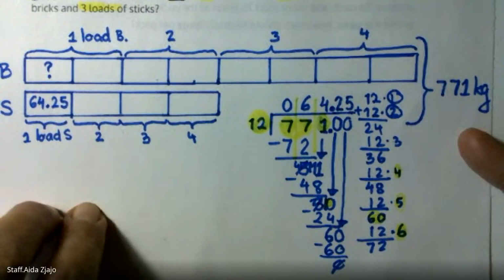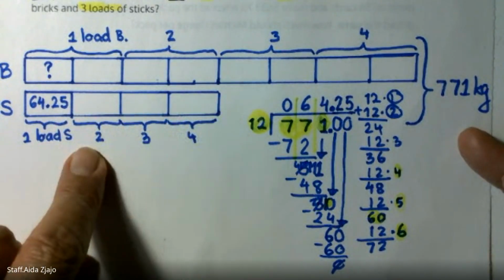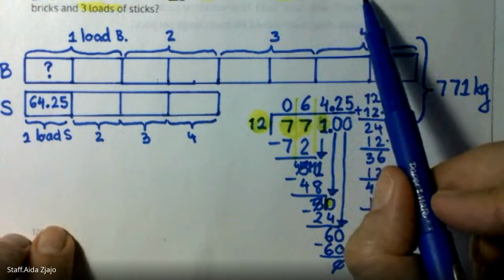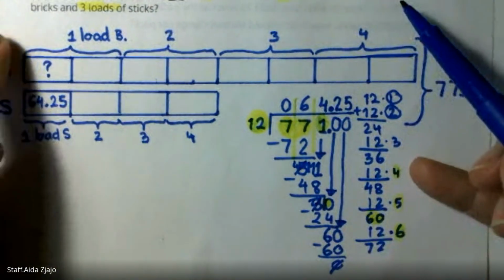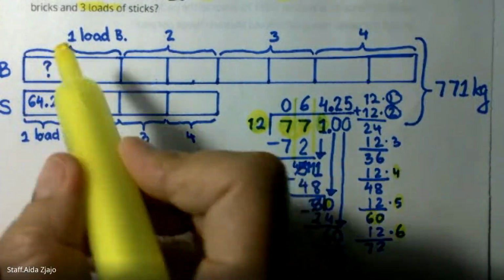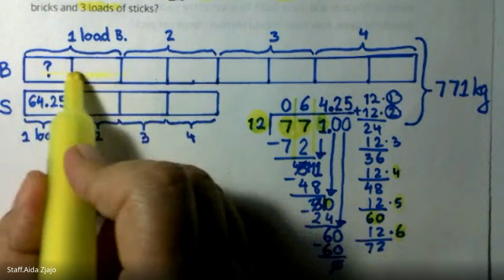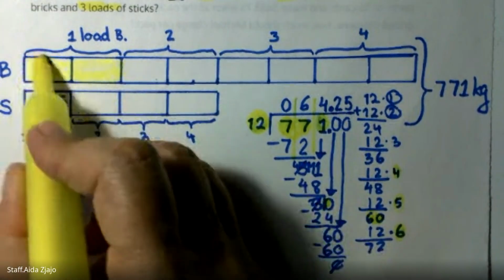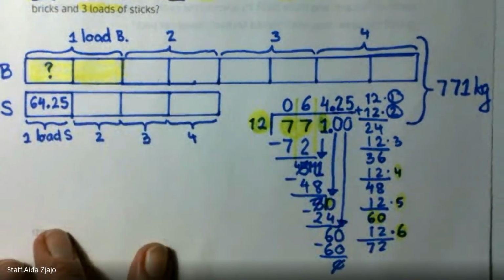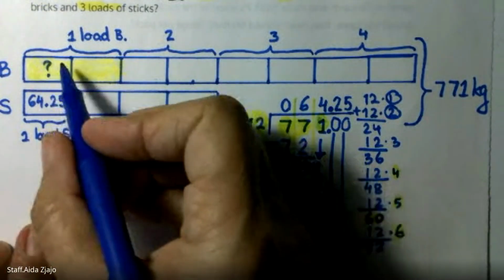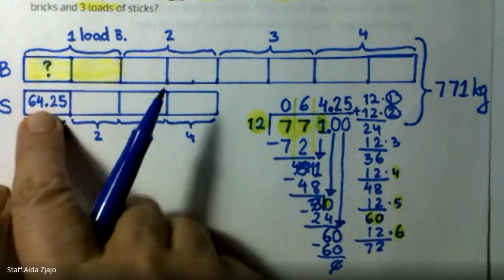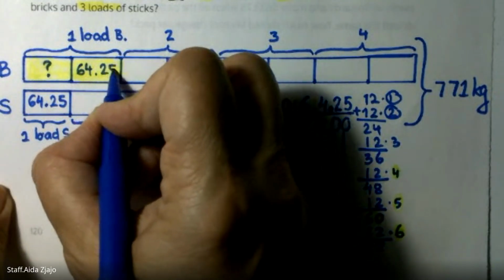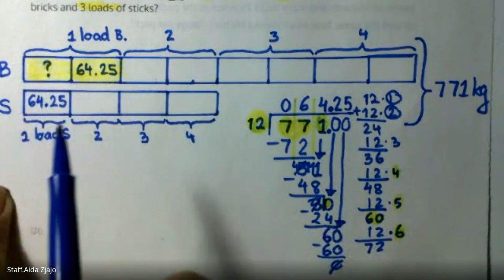we know now how much is each unit, but the question is, what is the total weight of one load of bricks? So one load of bricks is this. When we know what one load of bricks is, it is 2 times this number, because each is 64.25, and then this is 64.25.